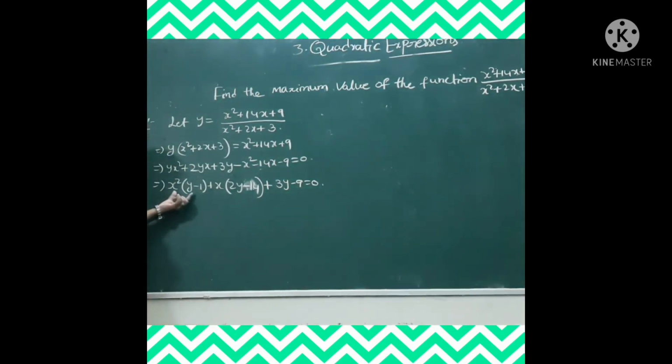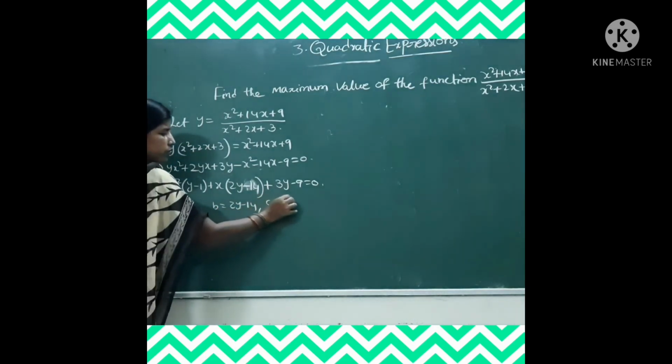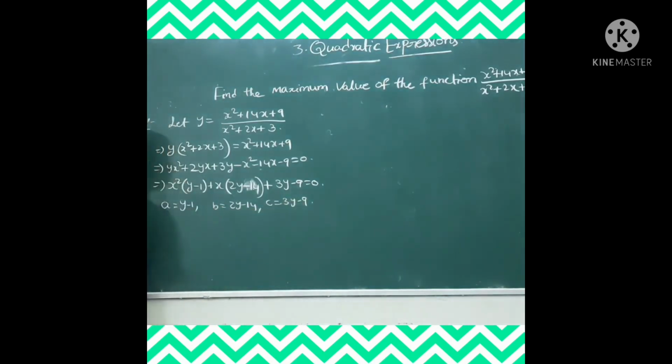So here the x square term, x and constant. So ax square plus bx plus c is equal to 0. This is the quadratic equation, where a is equal to y minus 1, b is equal to 2y minus 14 and c is equal to 3y minus 9.